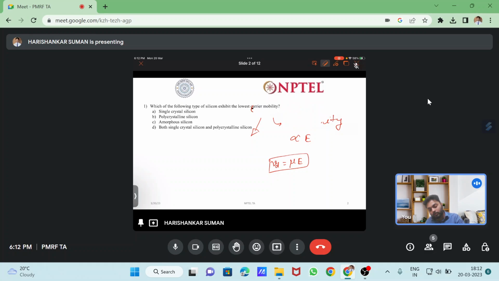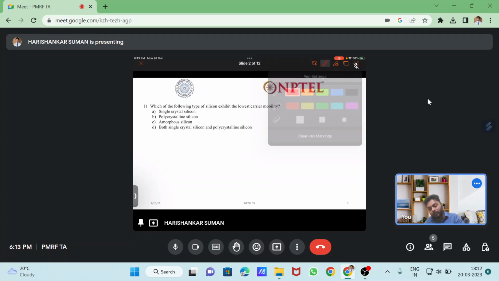In a solar cell, we first check the mobility of the electrons or holes. If the electron or hole mobility is good, then the material is good. But among single crystal, polycrystal and amorphous, which type of material is good quality?